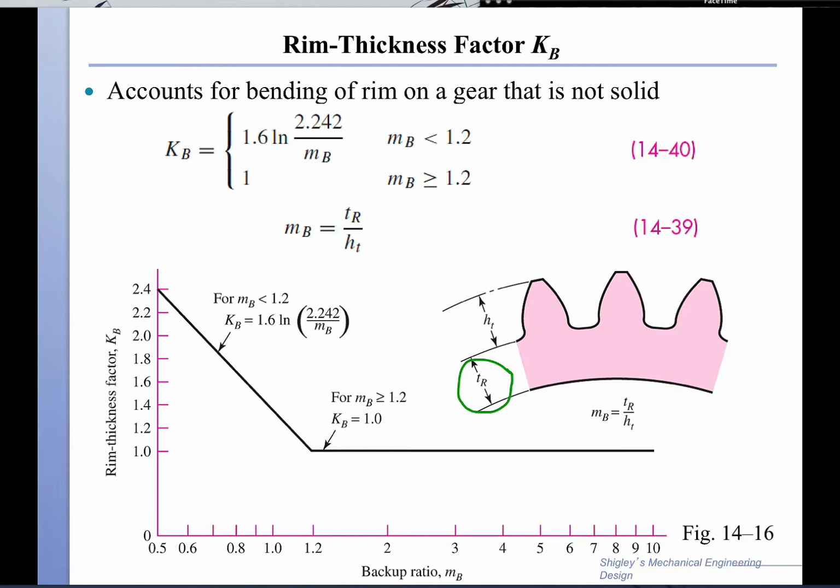If we have a solid gear or a gear that has a thicker rim in relationship to the height of the tooth, then we expect this factor to be 1, as in here. But if the rim is thin, the bending effect becomes even larger, and then we use an enhancement of that factor, as you can see from the figure.